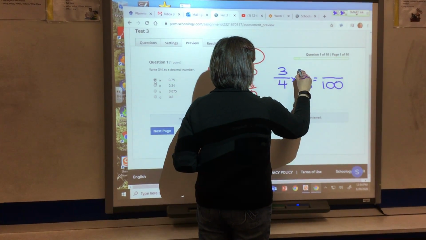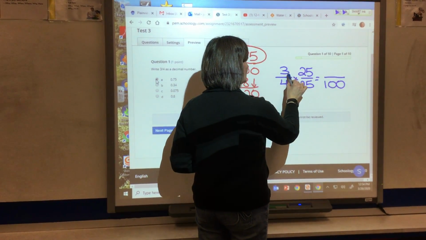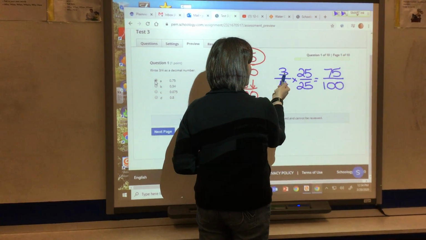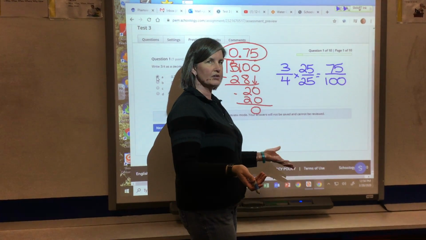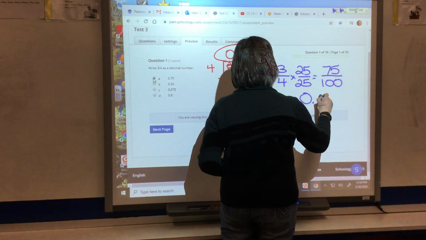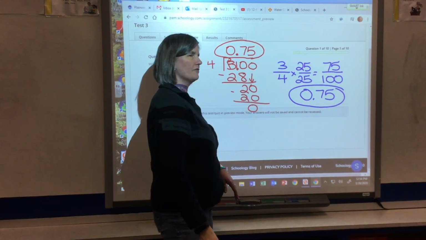And if I multiply the bottom number by 25, I have to multiply the top number by 25. What is 3 times 25? 75. Now we're saying 3/4 is equivalent to 75 hundredths. How do you write 75 hundredths as a decimal? 0.75. So that's a third way to solve that problem.